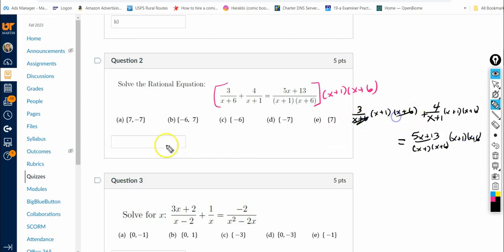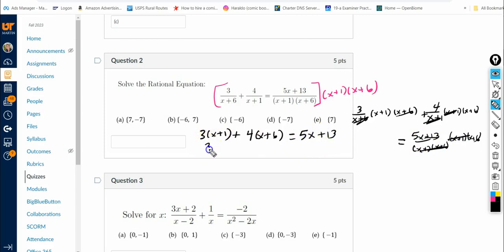So those will cancel, and I'll be left with that. And those will be canceled, and I'll be left with that. And all of that cancels, and I'm left with 5x plus 13 over here.